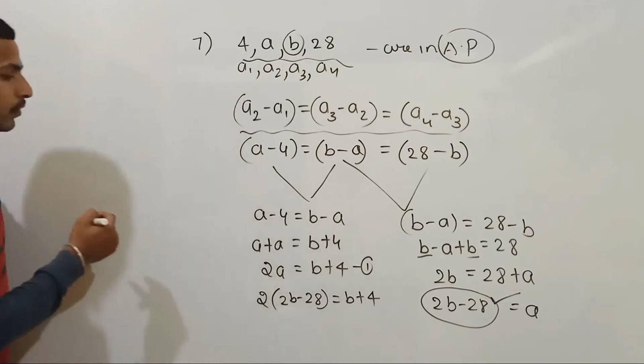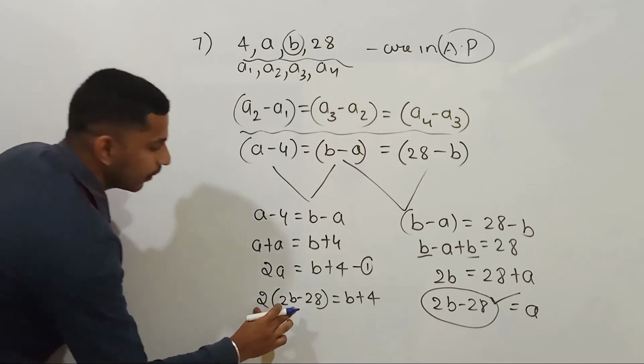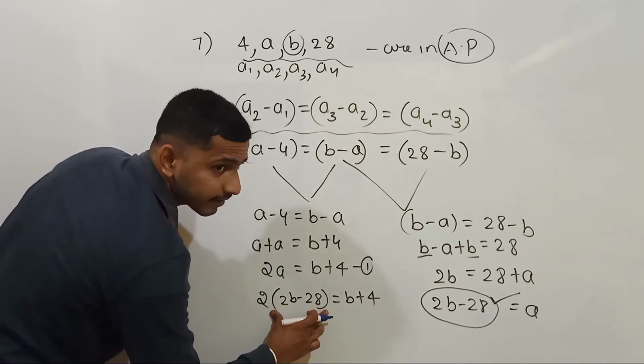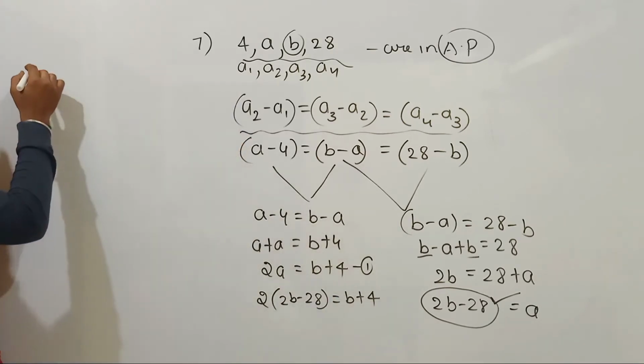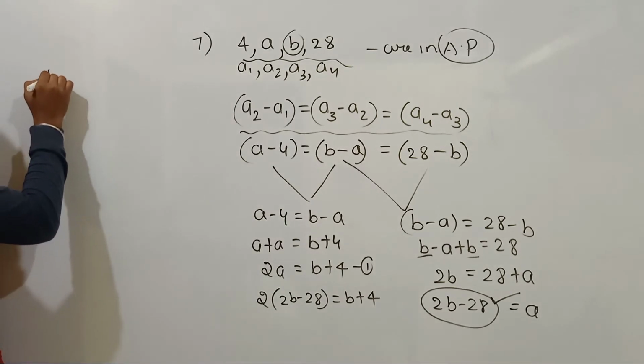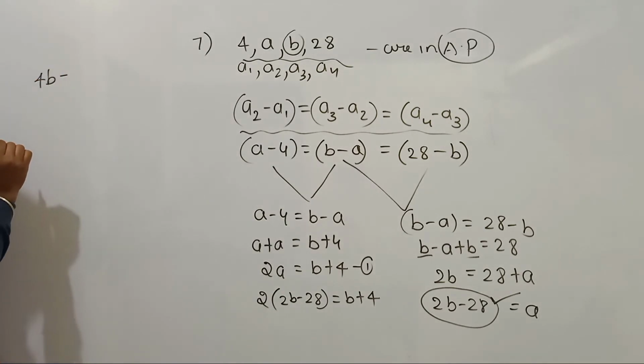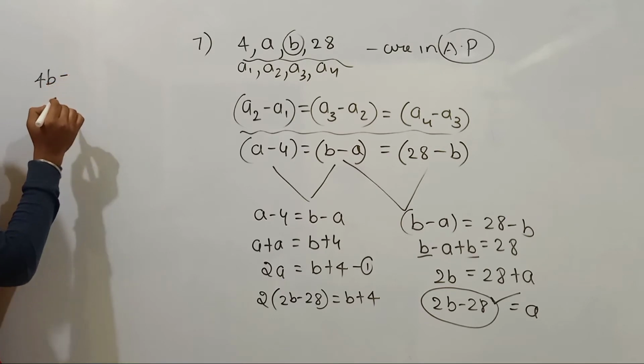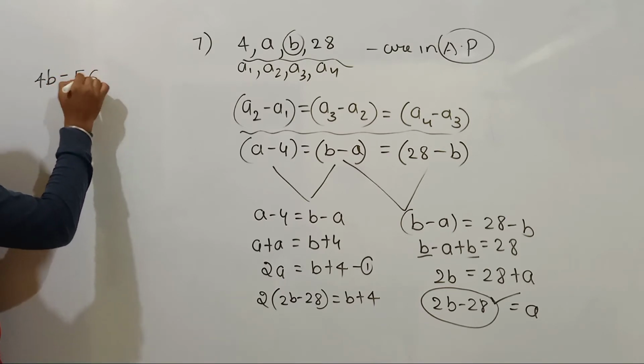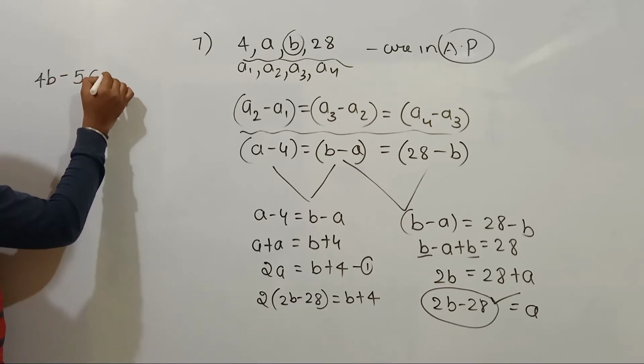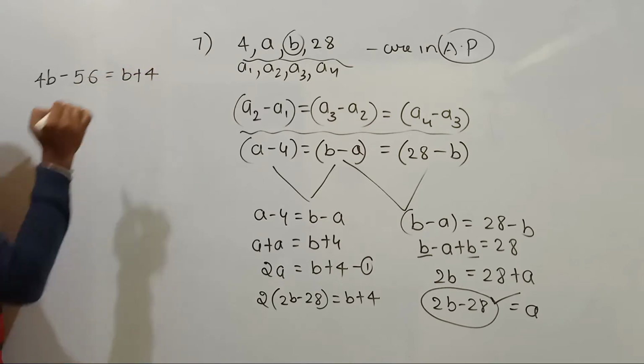Now we will solve this bracket. 2 2s are 4B minus 28 2s is 56, equal to B plus 4.